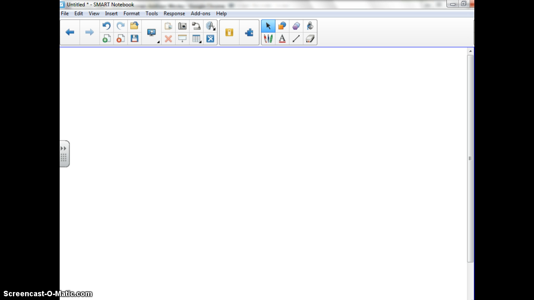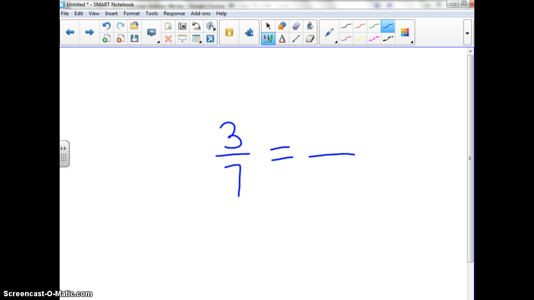Next. Sometimes you are going to get a problem that's partially done for you. And it might look something like this. So the denominator's done for you, but the numerator isn't.